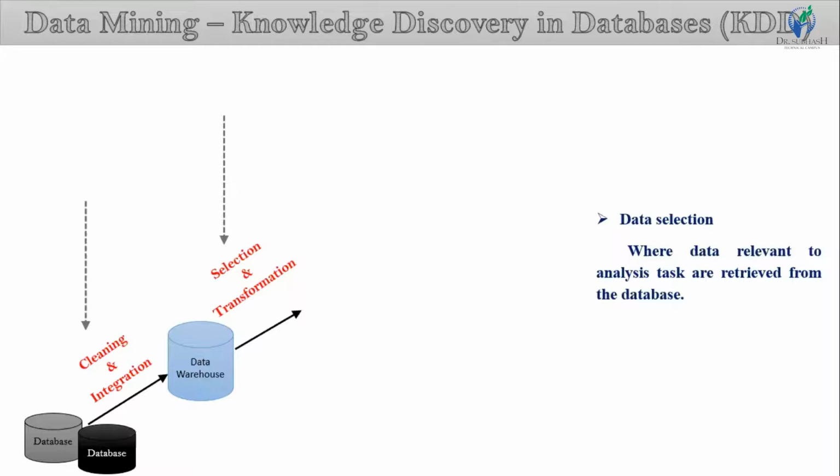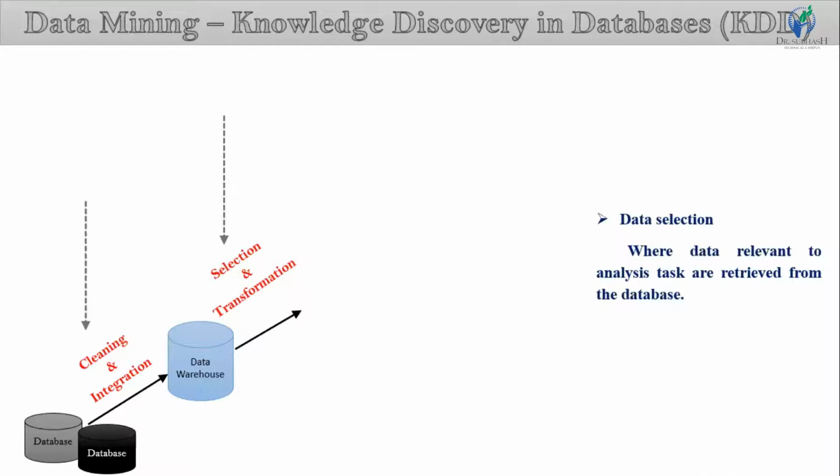We can perform data selection using neural networks, decision trees, Naive Bayes, clustering, regression, etc. So this is how data selection works.